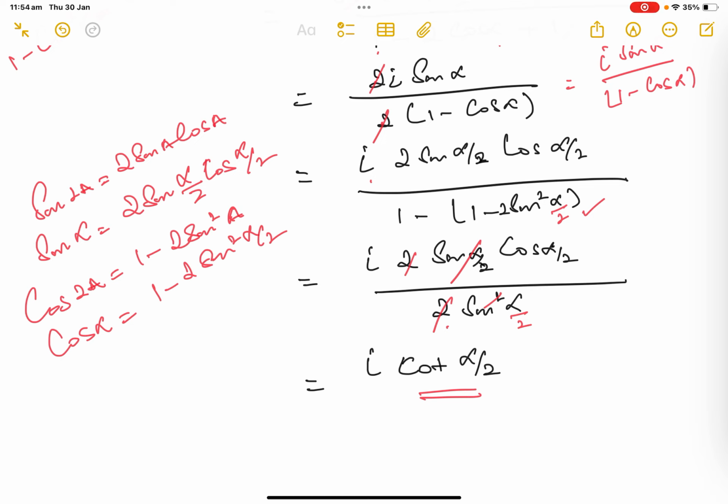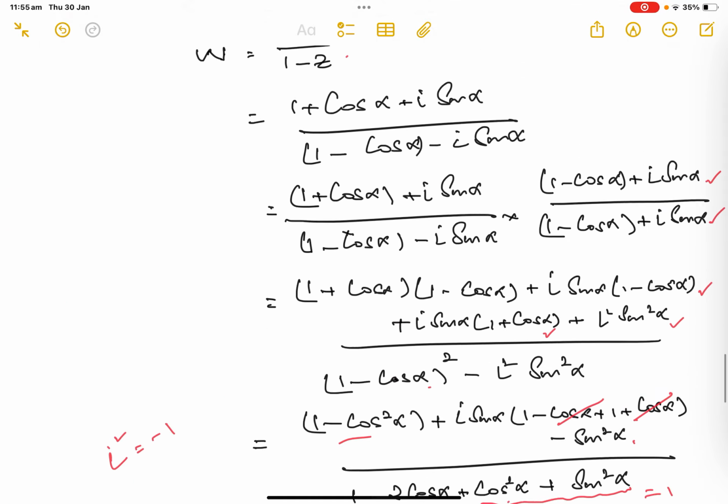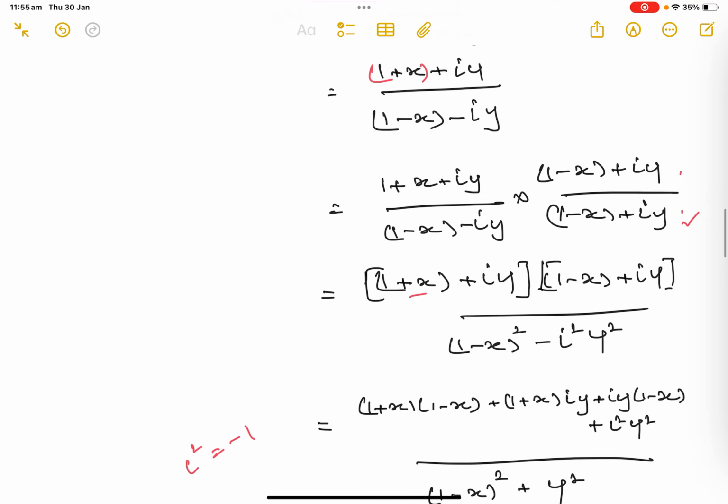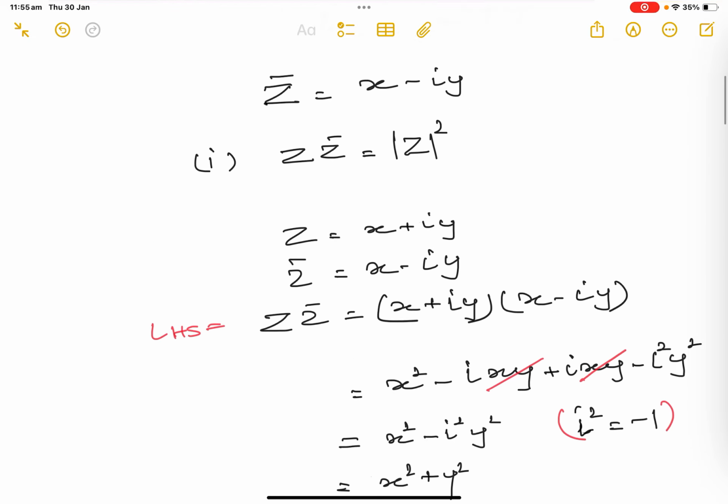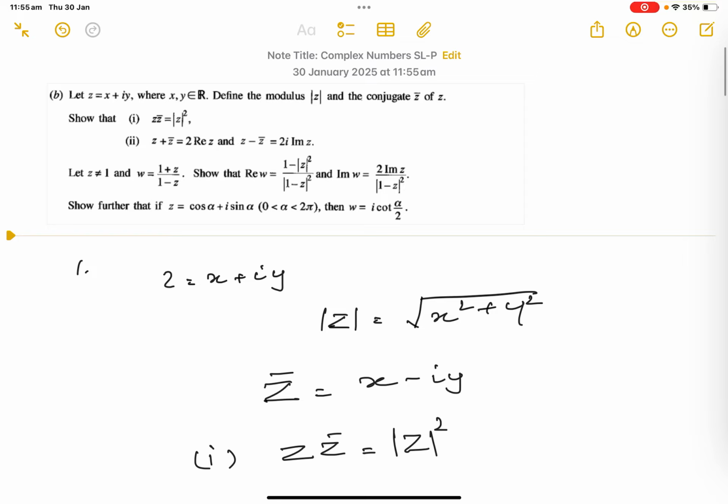So all I have here is i times cos alpha by 2 divided by sin alpha by 2. Cos over sin is cot. So i cot alpha by 2. Anything more? Yes, it's i cot alpha by 2. Thank you.